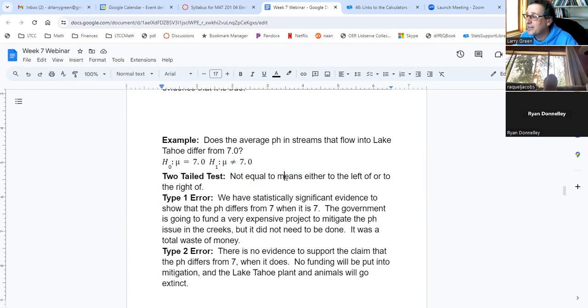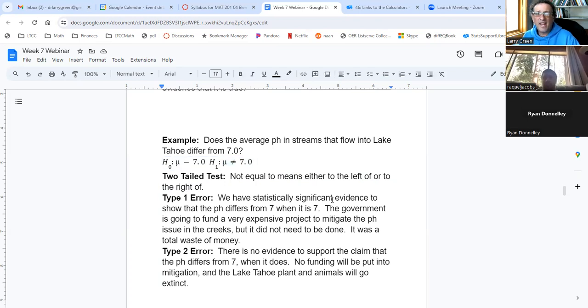Let's look at type 1 and type 2 error. Type 1 error means we reject H0 and accept H1. We accept that the creeks have a bad pH that's not equal to 7.